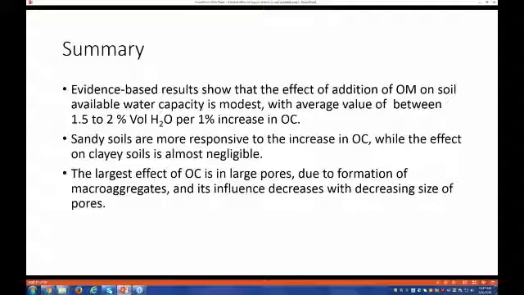I don't have the details about the different studies. A lot of the early studies on organic matter were on sewage and sludge and so on. The results are similar. That's what the statistics say.